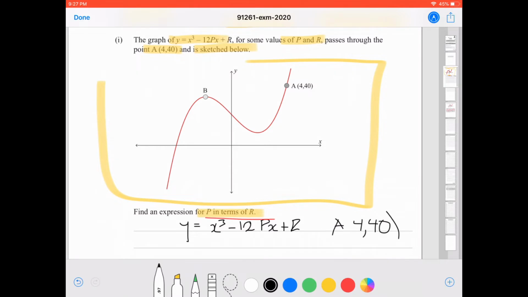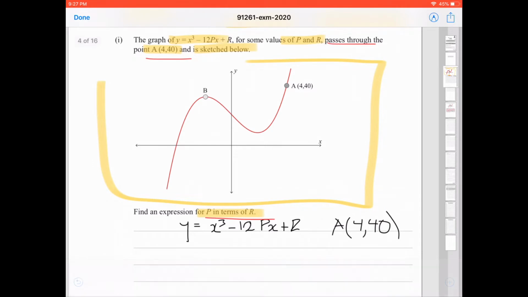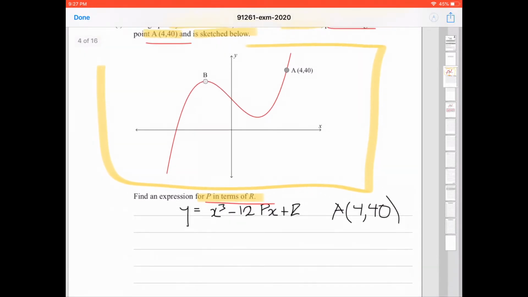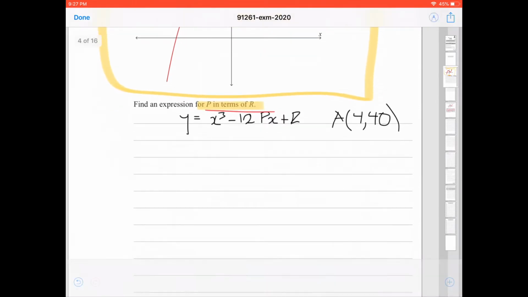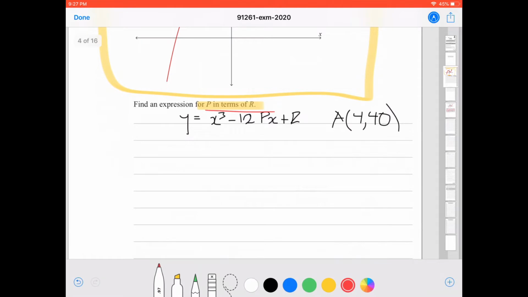We can use that because, as it says in the question, this graph passes through the point (4, 40), meaning we can substitute, and actually we see it here as well, don't we? We can substitute (4, 40) into our equation, eliminate x and y, and then find an expression for p in terms of r.